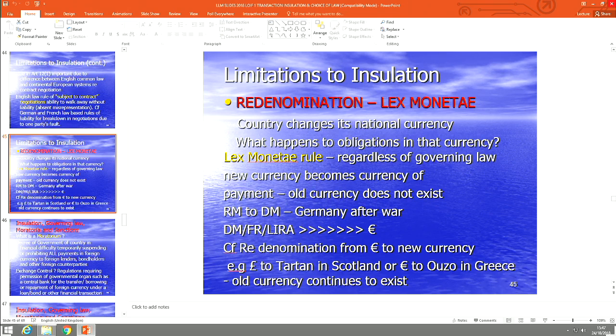I pick tartan, but it could be whiskey. It doesn't matter. What does the cessation mean? Like if they rename the currency, or if they change the foreign exchange, they just say the new pound is equal to one old pound. Would that be a change of currency? Of course it would. The old pound would cease to exist. Absolutely.